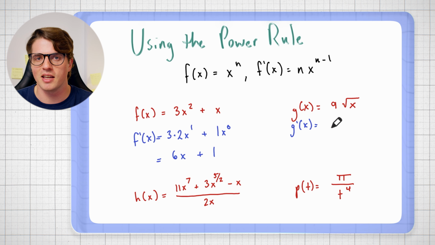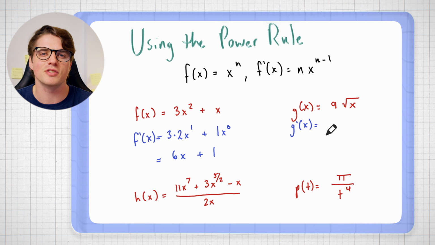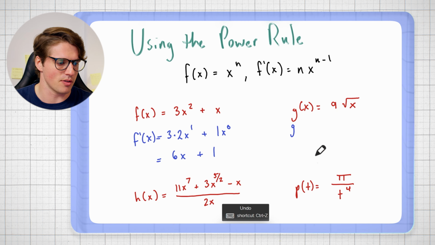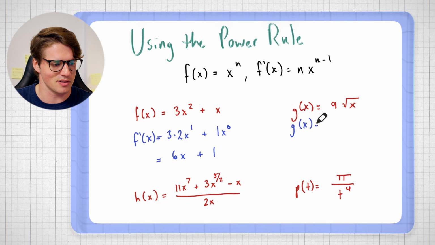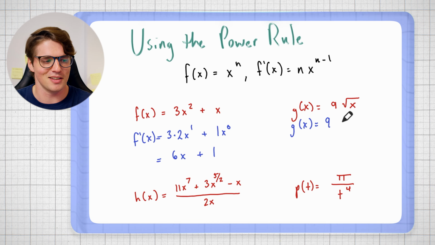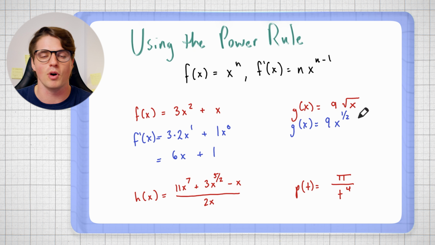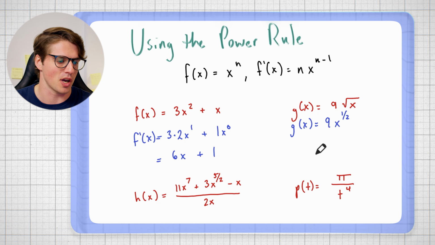Well, here we have 9 times the square root of x. The square root of x doesn't look like a power, but is it a power? Some of you at home are thinking, yes, it certainly is. And some of you are thinking, oh my gosh, I forgot that it is. Or is it? So remember that the square root is the same as x to the 1/2 power, okay?